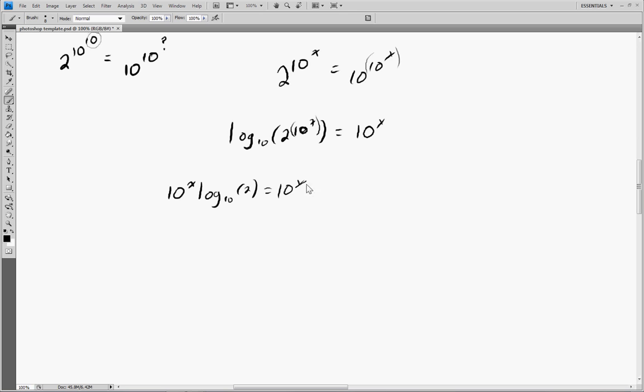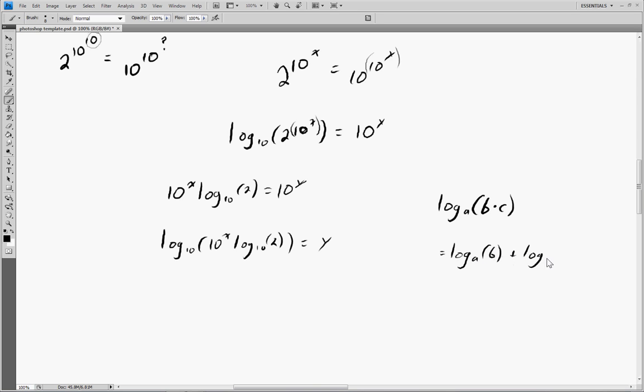Okay, so now we can take log base 10 of both sides again. So let's do that. Log base 10 of 10 to the x times log base 10 of 2 is equal to y, because the log base 10 just got rid of this 10 here and we're left with y. Now we're going to exploit another rule of logarithms, which is basically log base a of b times c is equal to log base a of b plus log base a of c.